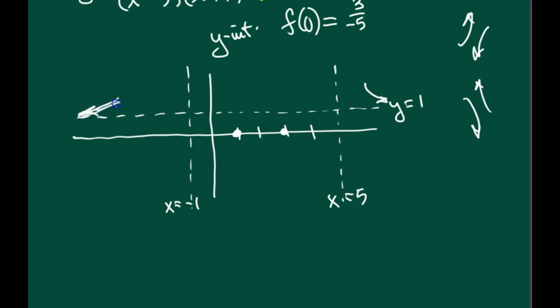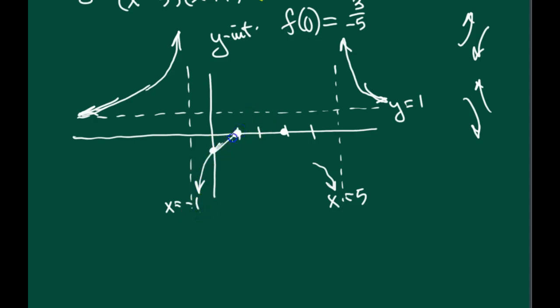Okay, if I do that, then when I run into this asymptote, I have to go vertical, like so. And when I run into this asymptote, I have to be negative because 5 was a zero of multiplicity 1. And I have to be negative here, going through this zero at negative 3/5, because negative 1 is also a zero of multiplicity 1.